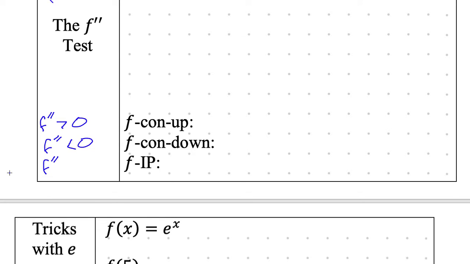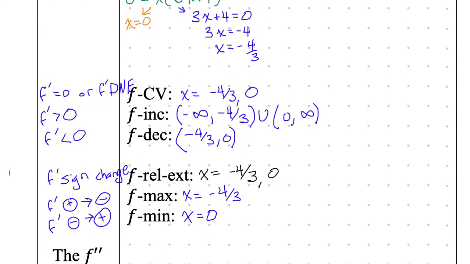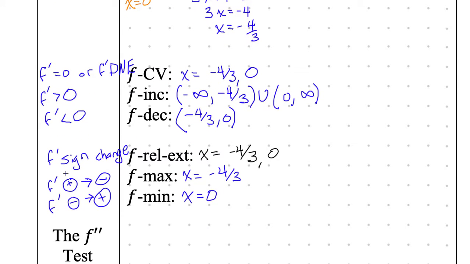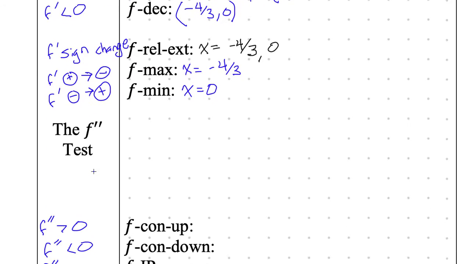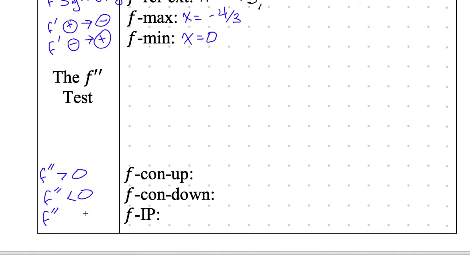Where is the inflection point? Where f double prime changes sign. It's kind of like the relative extremum, but with f double prime. Yep, sign change.